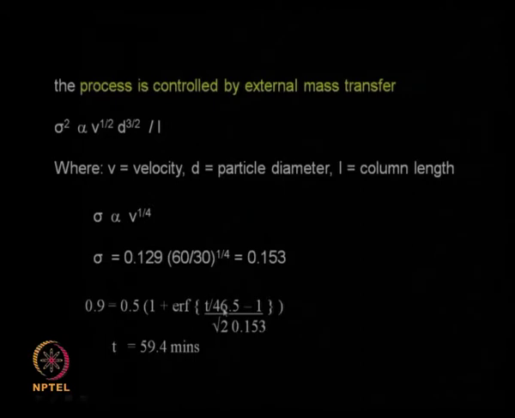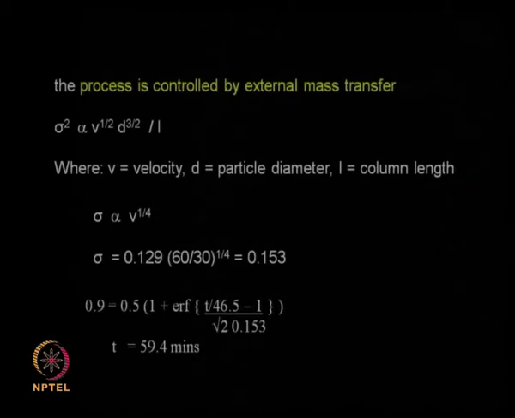I know T naught is reduced from 93 to 46.5, my sigma has increased to 0.153, so I substitute them inside the same yield equation to get a new time, T is equal to 59.4 minutes. You see, depending upon the controlling mechanism you will require different times for collecting your effluent to achieve a yield of 90%.